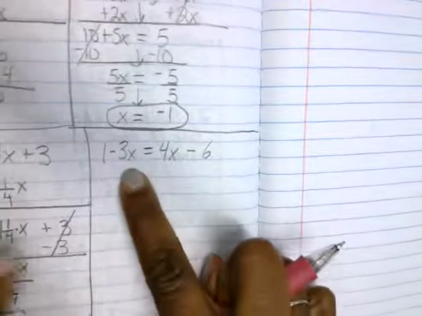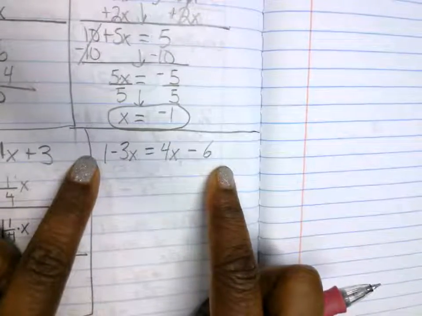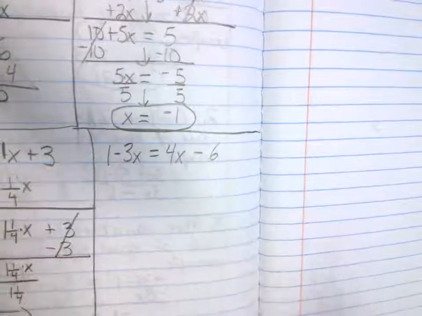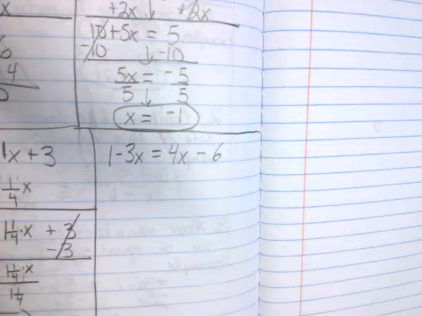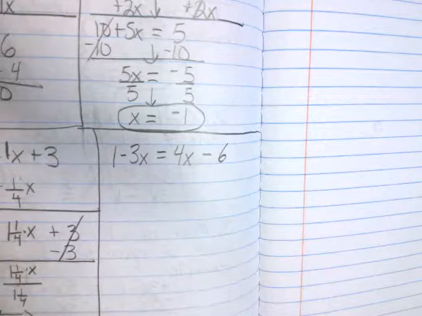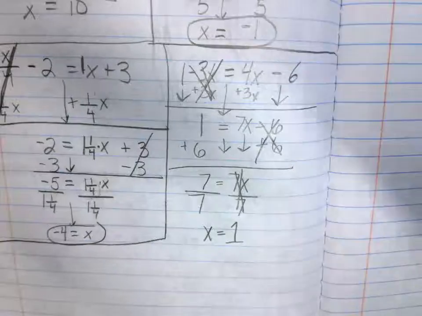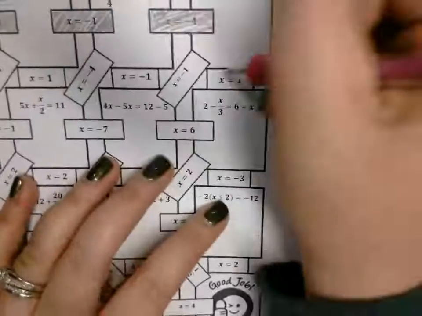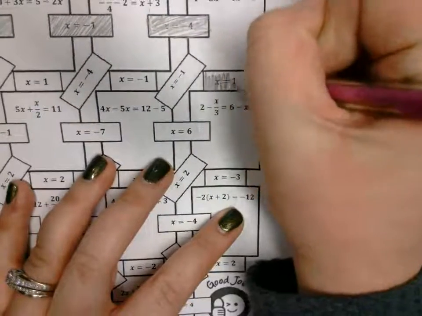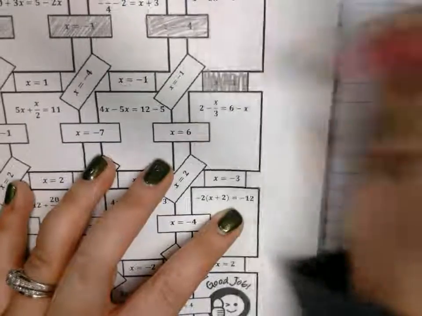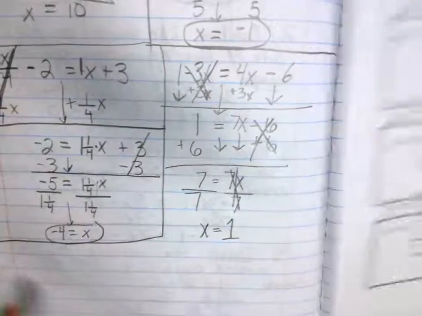All right, see if you can do this one on your own, okay? See if you can do this one on your own. Pause for the calls. I'm going to walk around to see what we have. There we go. So this one would be here. We might have to move over to the next page.